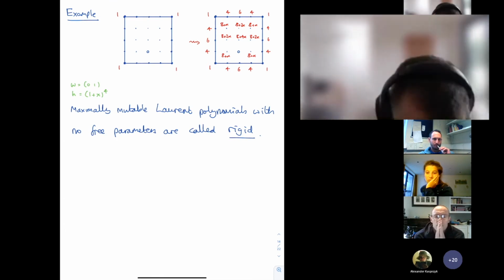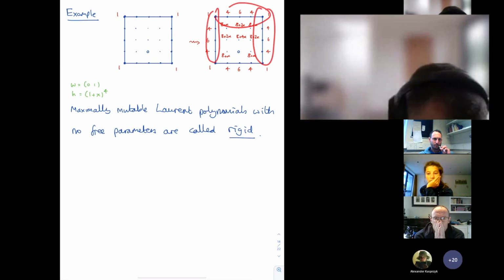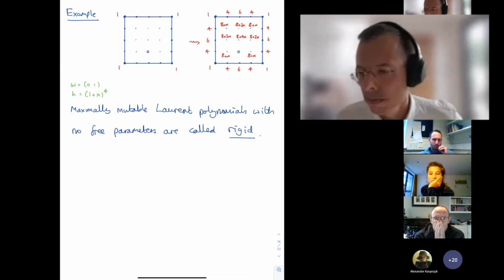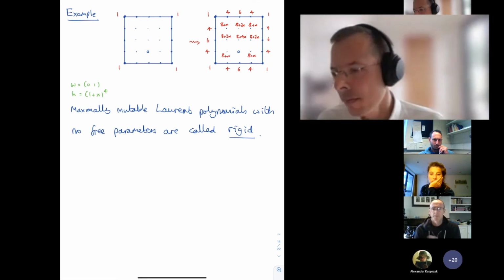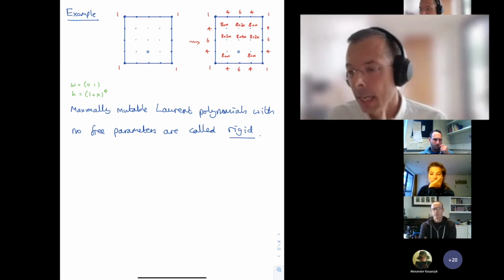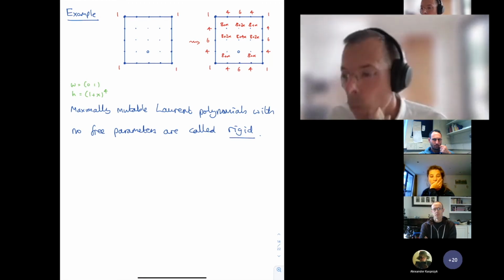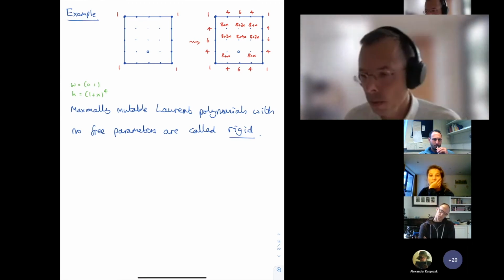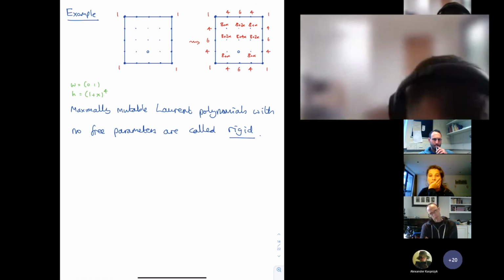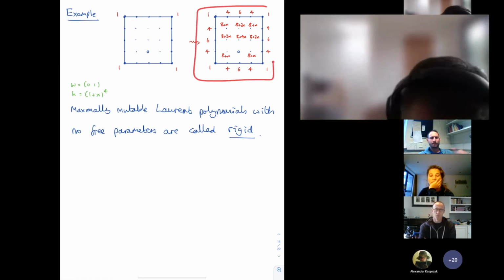And now you keep playing this game and you find some more binomial coefficients. And if you do this example, then you'll discover that the system of equations that you get does not uniquely pin down the coefficients. There's a one parameter family of Laurent polynomials which are compatible with all of the mutations that this square permits. And this is what it is. Alpha is the parameter.